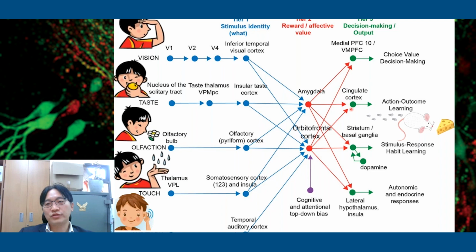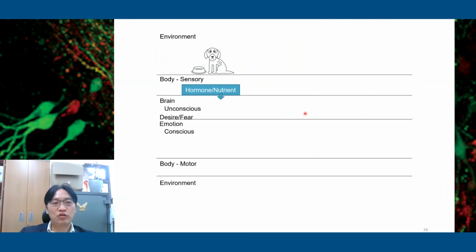And if you do something in the lateral hypothalamus, that's my favorite place, then it could be something like a behavior outcome. If you do something in the amygdala, then you should have your prior hypothesis that it has to do with the reward or affective, emotional value. So you make your hypothesis and then design your behavior.